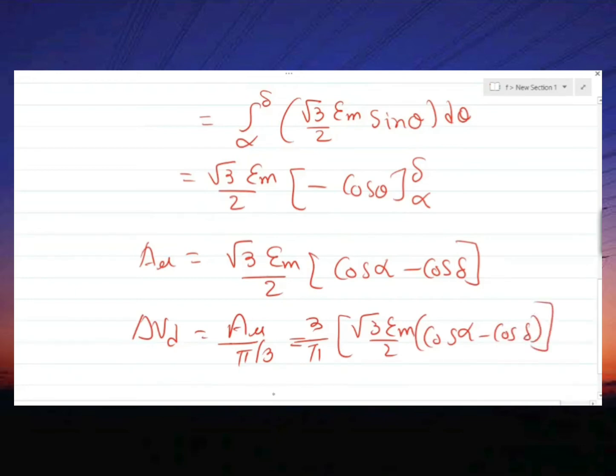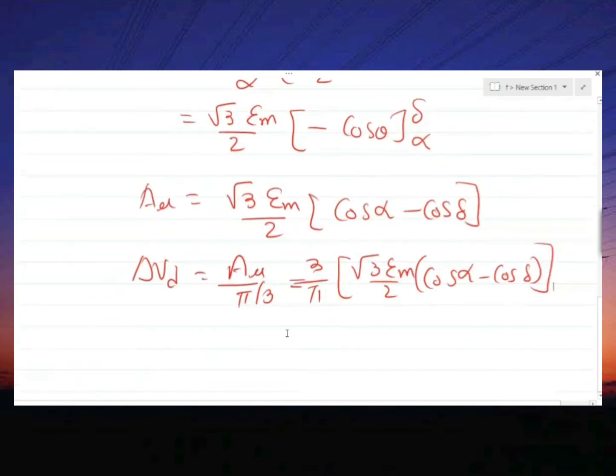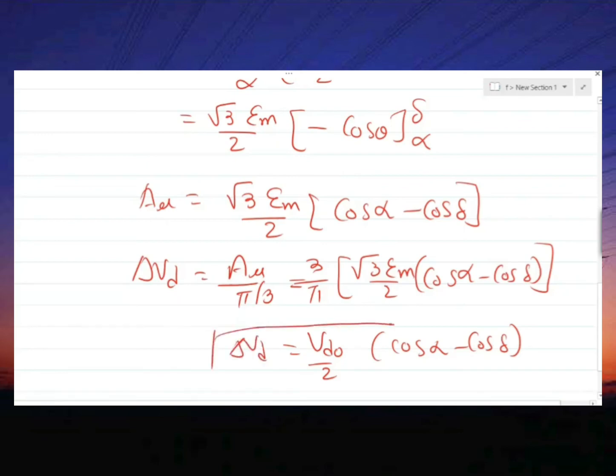So 3 root 3 Em upon pi is Vdo, you know that. So it is Vdo by 2 into (cos alpha minus cos delta). So your del Vd, change in the voltage drop due to overlapping, is equal to Vdo by 2 (cos alpha minus cos delta). Remember this equation, it is very useful in the example.